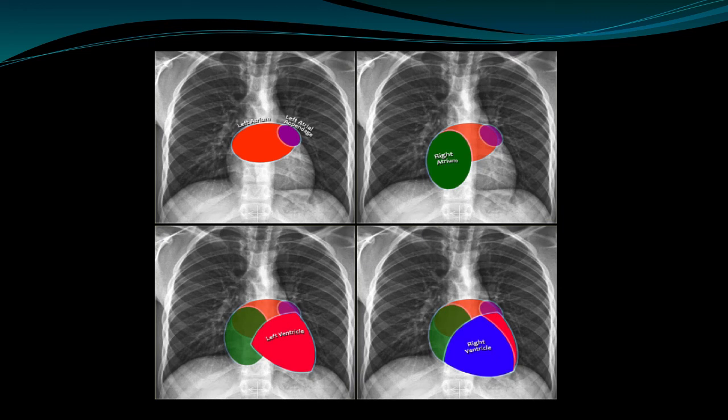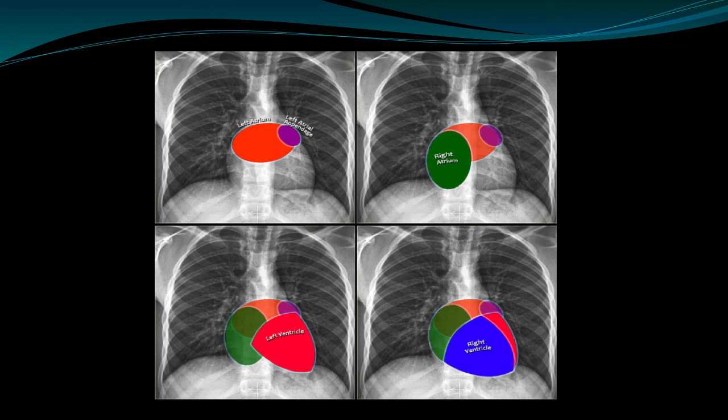On the upper figure on the left, you have your left atrium and your atrial appendage. On the upper left image is your location of the right atrium as emphasized with the green color.